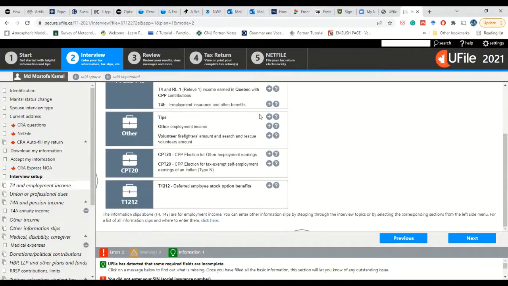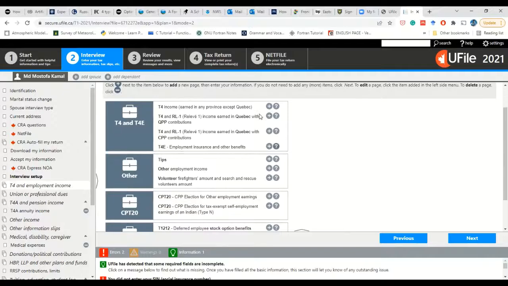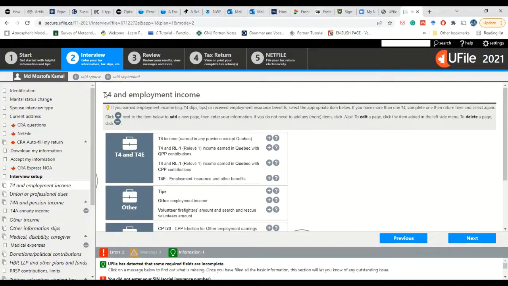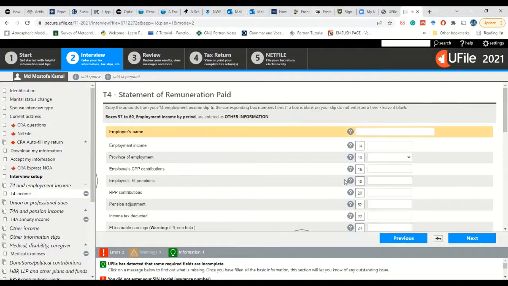In this section, you are given the option to create your form to report all the income information you have on your T4 tax receipt. Here, in the top line, you say T4 income, in any province except Quebec. If you click the plus sign, it creates a T4 tax file.